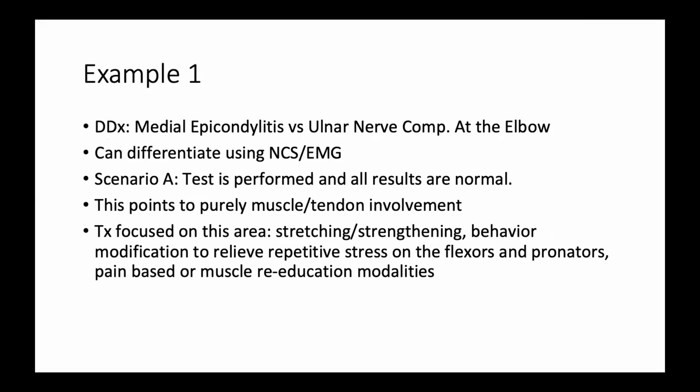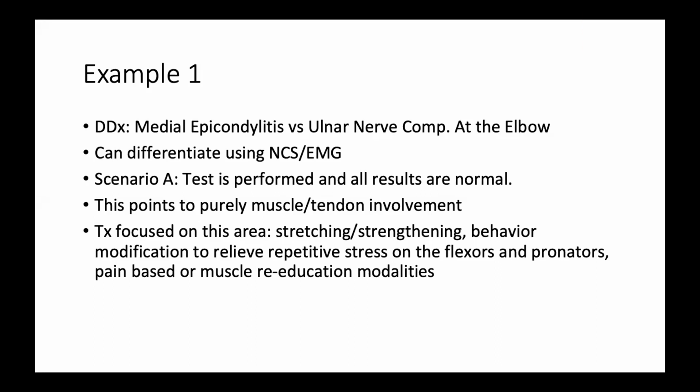So what can we do? We do electrodiagnostic testing. So we did a nerve conduction EMG study, and in scenario A, we found that the test was performed and all the results are normal. Now, like I said in my last webinar, a normal test result isn't unuseful.